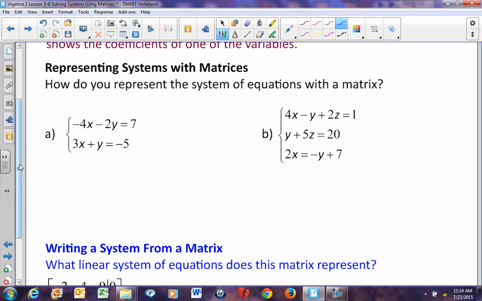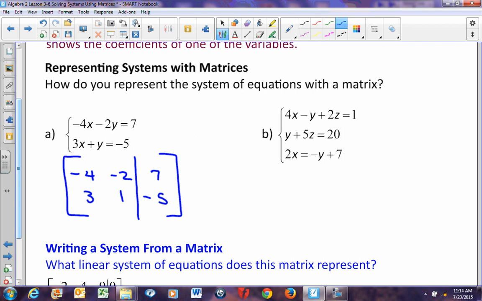So I'm just going to plug in -4, -2, 7, 3, 1, and -5. The answer column always has to go to the right of a vertical line, and the matrix is in brackets. So you just put in the coefficients, the equal sign goes after the vertical line, whatever numbers those happen to be, and that's the matrix.